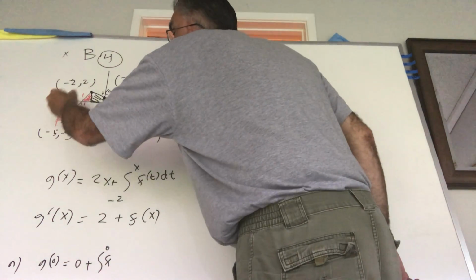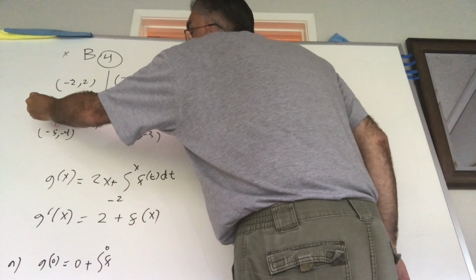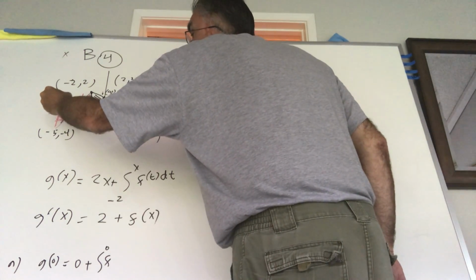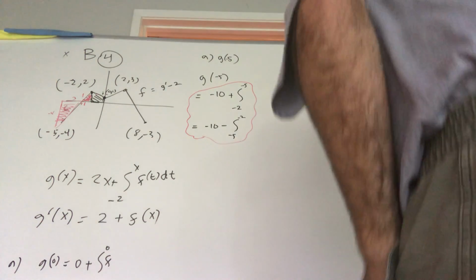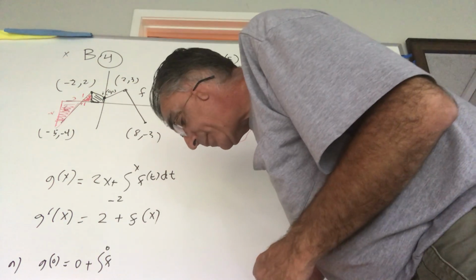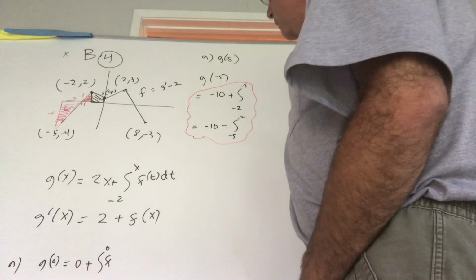And then over here, what's the area of this? So that's negative 4 and 3, so is that 6? Now, be a little careful here, okay? Did I do that right? Somehow I think I screwed up.